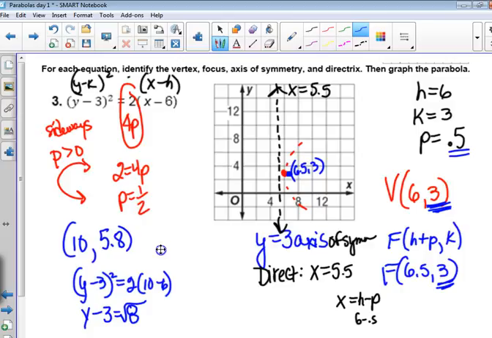Yes, Camden. You can pick a y. You could pick any y, because the domain, the range is all real numbers. Yes. What did I get? 10, 5.8 would be almost 6, right?